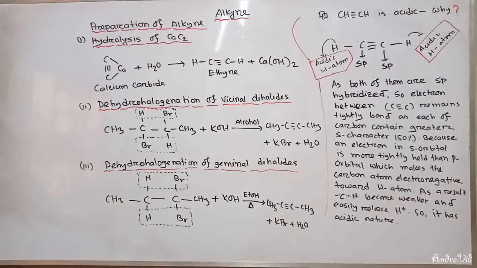So the first process is hydrolysis of calcium carbide, the second is dehydrohalogenation of vicinal dihalide, and the third is dehydrohalogenation of geminal dihalides. In this way, it is possible to produce alkyne.